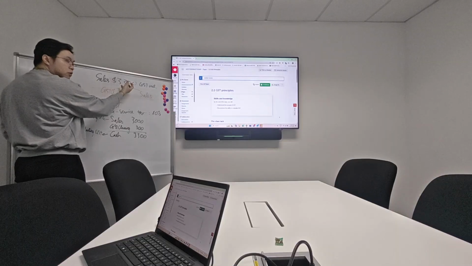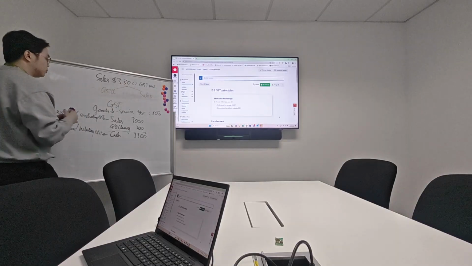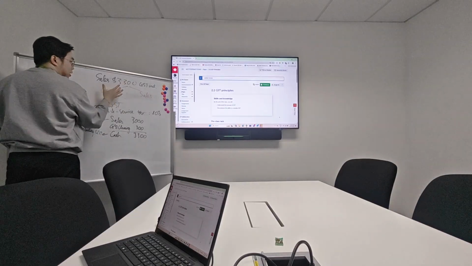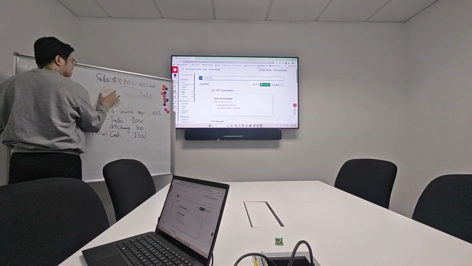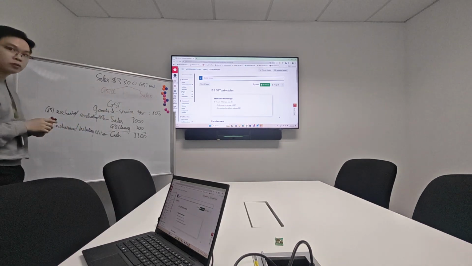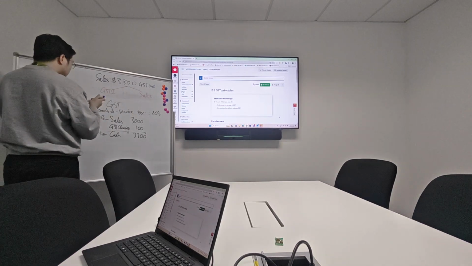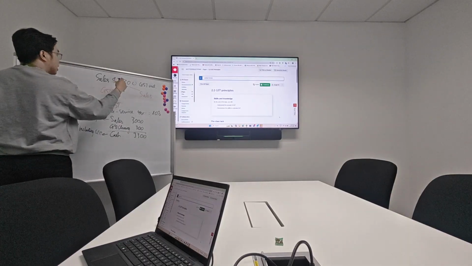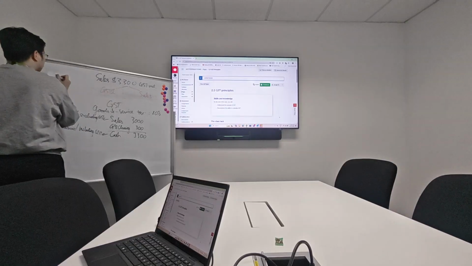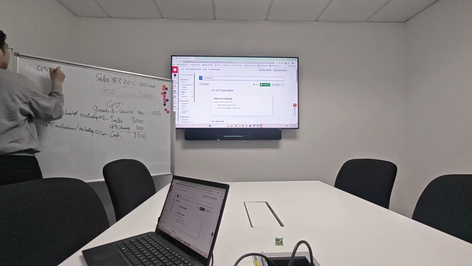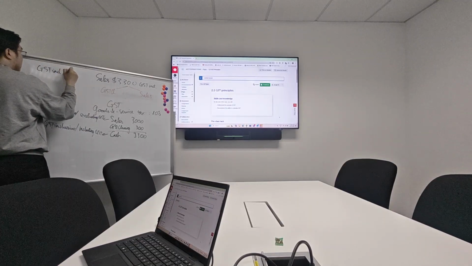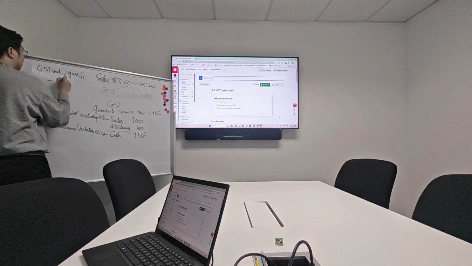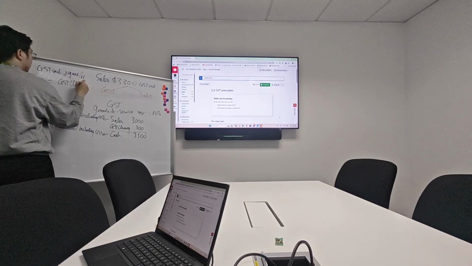Right? So how do you figure out how much is GST and how much is the sales? Very simple. You take this GST inclusive figure divided by 11 equals GST clearing.